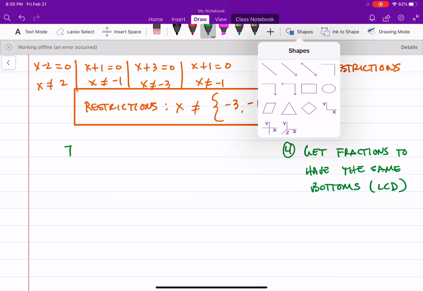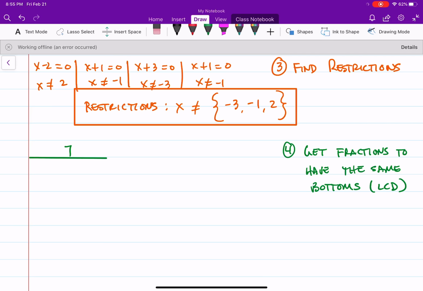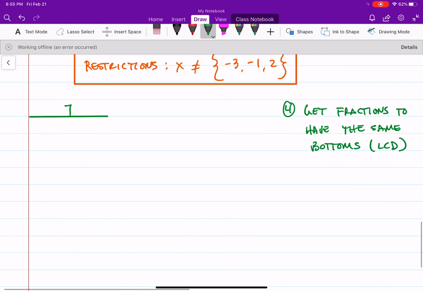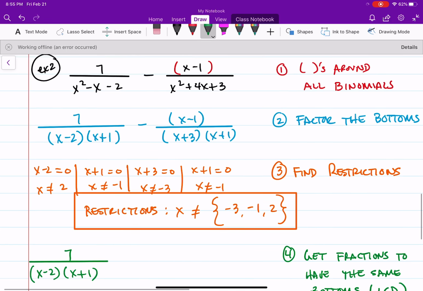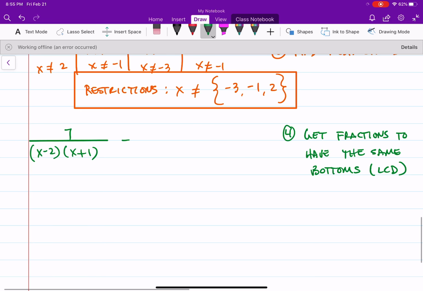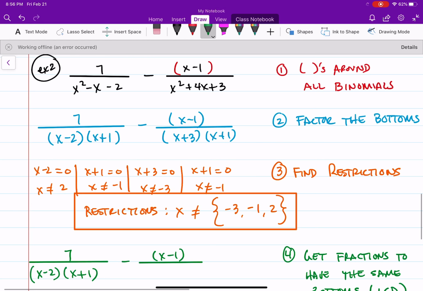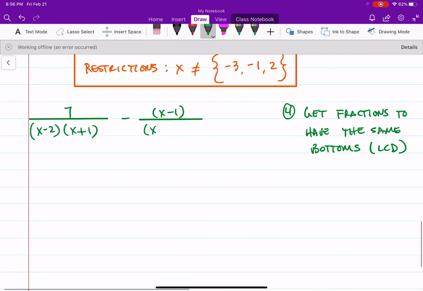7 over x minus 2, x plus 1, minus x minus 1 over x plus 3, x plus 1. That's what I forgot to do.